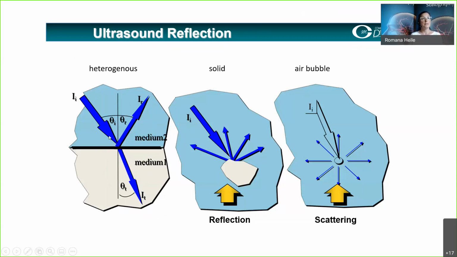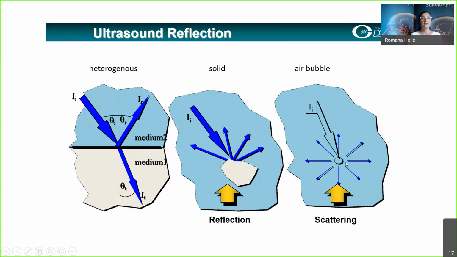Depending on the material, the less solid it is, the less energy will be reflected. And if the material becomes more solid, more stiff, then the reflection energy is much higher. So in comparison from heterogeneous tissue to, for instance, a more solid particle like a calcified plaque, we will face that the reflected energy of ultrasound will be much higher.